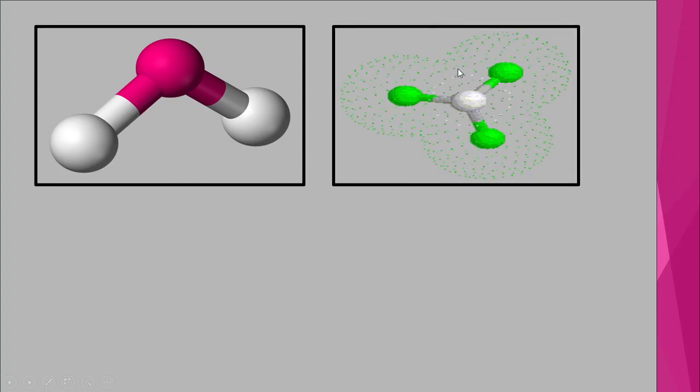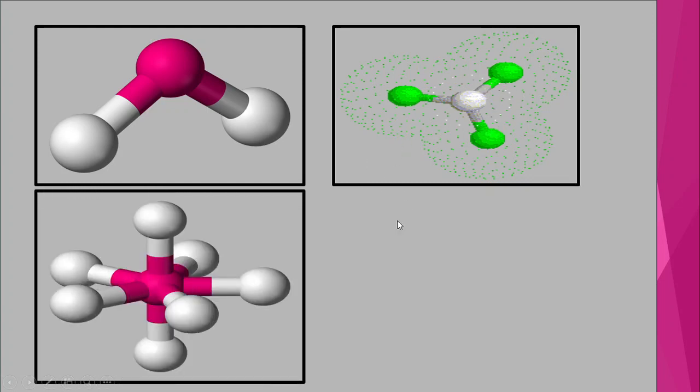Then this is the BF3 trigonal planar structure. Boron is at the center and three fluorines are present in the trigonal plane. So these are some geometries in three dimensions. Symmetry is quite an imaginary subject, so we need to understand the concept with the help of three-dimensional molecules.